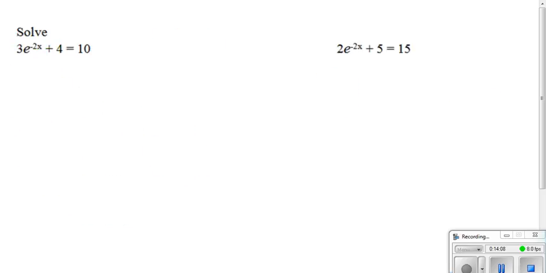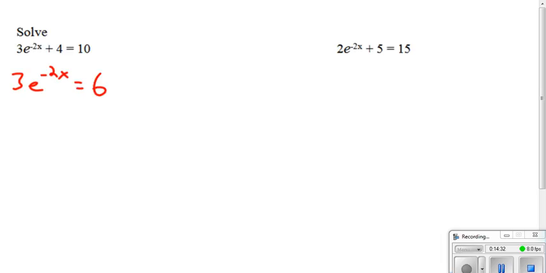So if we needed to solve some logarithmic equations here, start out just like any other equation. Get it down to as simplified a version of x as you can get. So what I would probably do here is get rid of that 4 from both sides, just subtract it out. And we'd have 3e to the negative 2x equals 6.